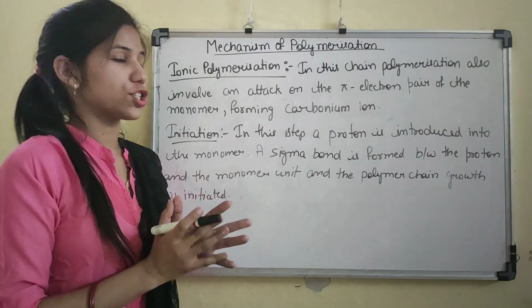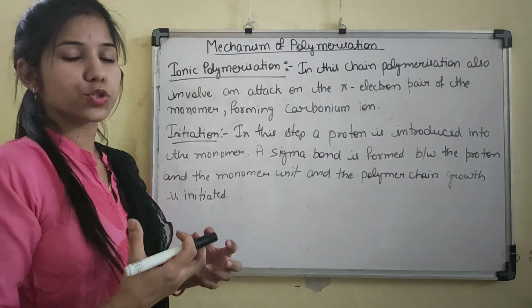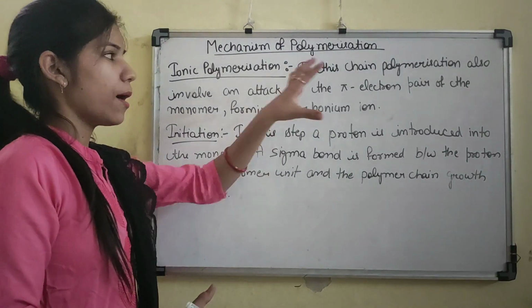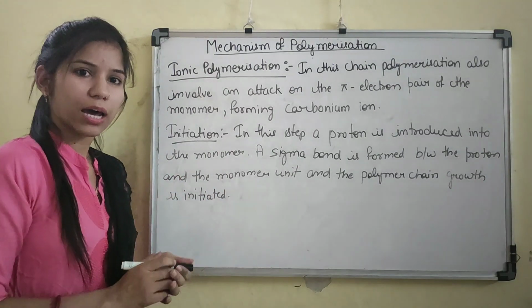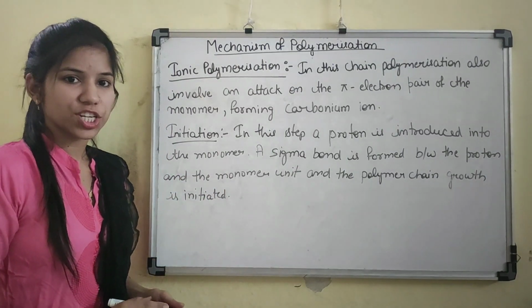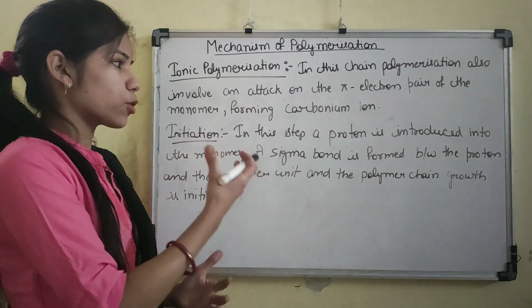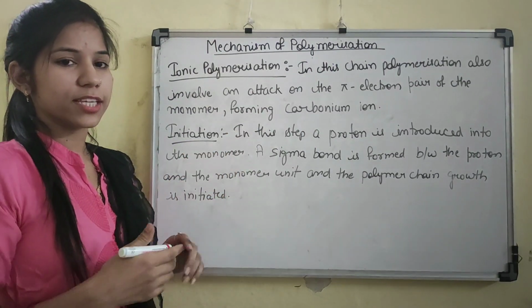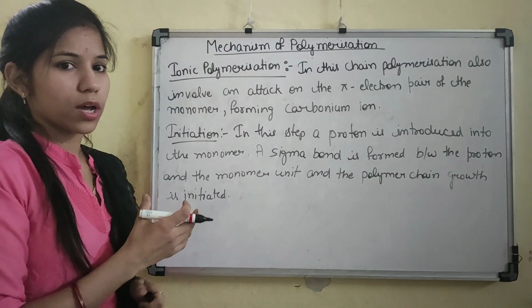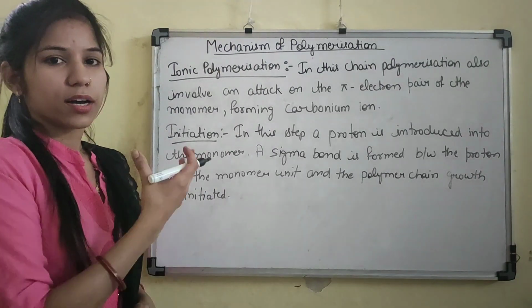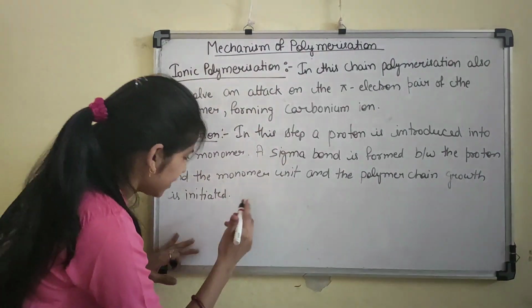Ionic polymerization. This polymerization also involves an attack on the pi electron pair of the monomer unit, and they form a carbonium ion. In the initiation step, a proton is introduced and a sigma bond is formed between the monomer unit and the proton, and they form a carbonium ion like that.